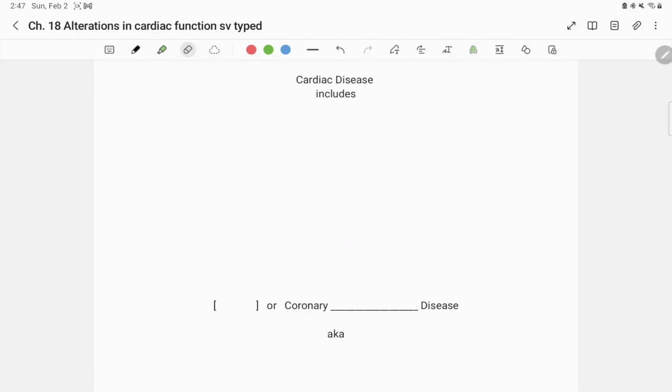This is chapter 18, Alterations in Cardiac Function.